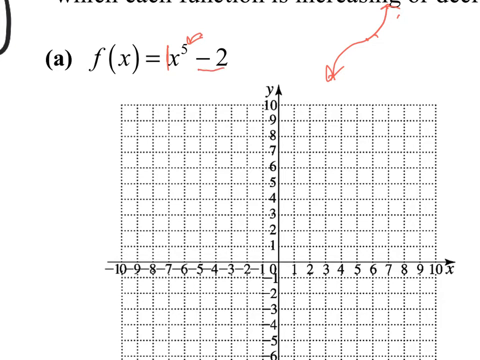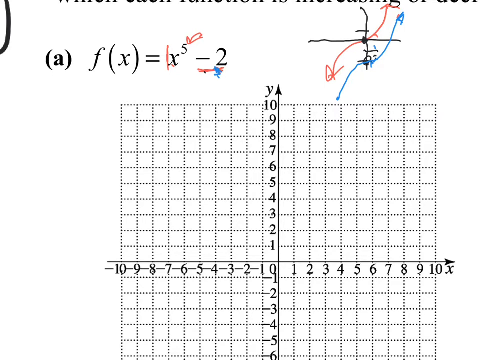And I see a minus 2 here on the outside of it. So what that meant was, if the parent looks something like this at 0, 0, then that 0, 0 has to move down 2. So I know that picture is going to have to look something like that. Look very similar, but shifted down. That meant shift down, vertical translation down.